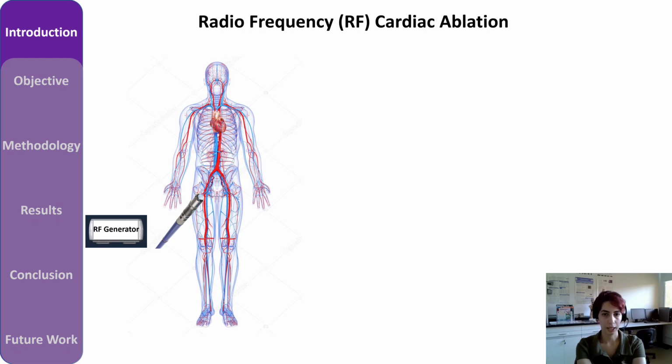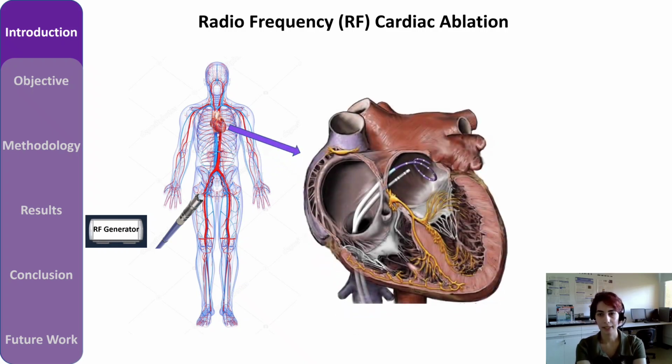At hospitals and clinics, they use an RF generator and an RF ablation catheter, which usually has 4 poles. The catheter is entered by the physician through the femoral vein of the patient, and it reaches the heart and the chamber of interest, as we can see in this figure.